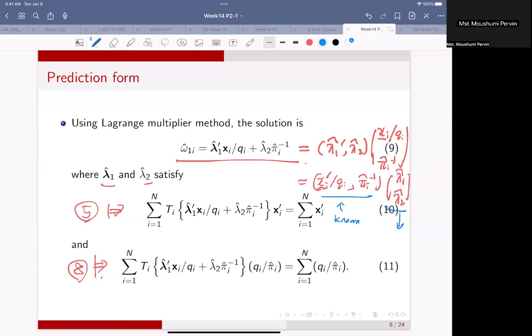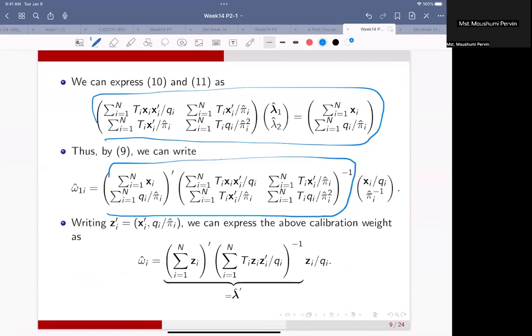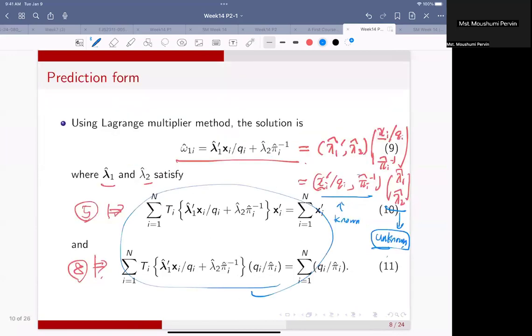But this is actually a parameter, and this parameter is a solution to this equation. So that means this is indeed lambda hat prime, if you write it this way.